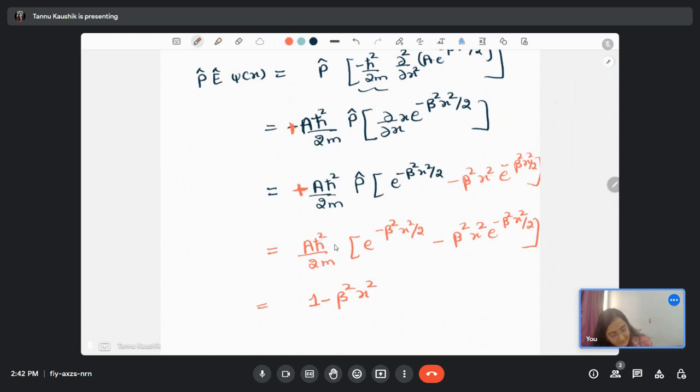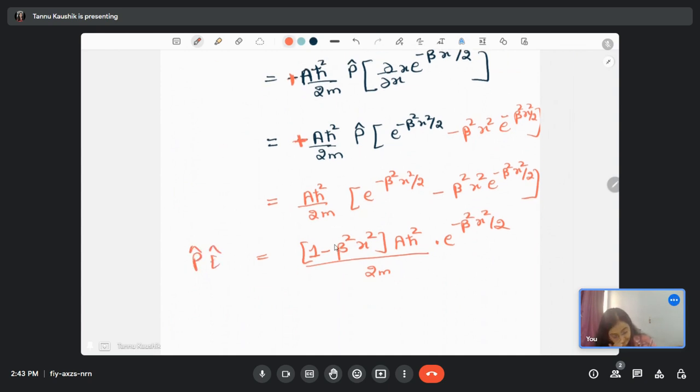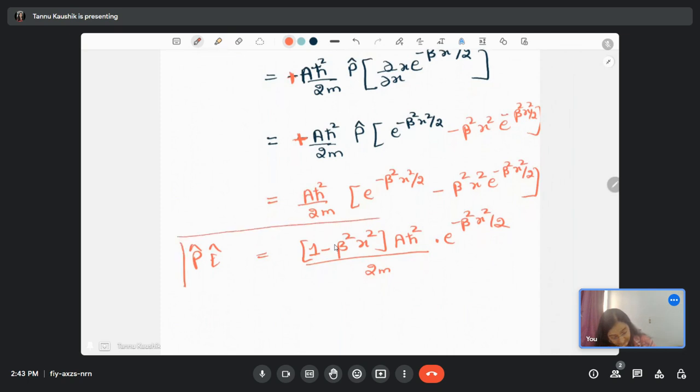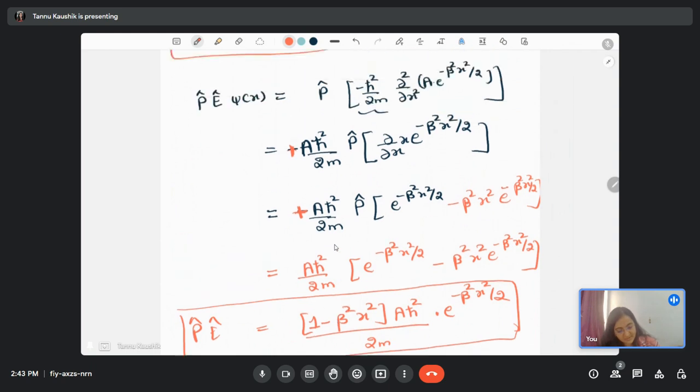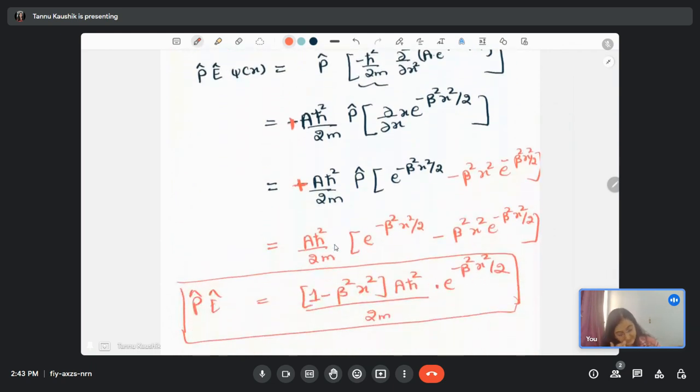Similarly here also this is what we will get. So the conclusion is 1 minus beta square x square a h-bar square by 2m into e raised to minus beta square x square by 2 is what we will get as an answer here.